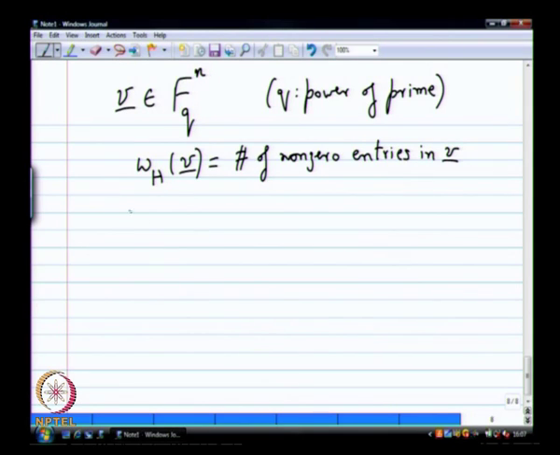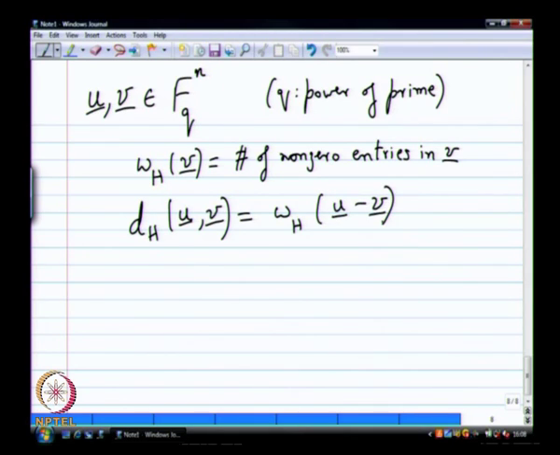If you have two vectors u and v in Fqn, the Hamming distance between u and v is defined as the Hamming weight of u minus v. I have to say minus here because I am thinking of a general field. In what case will minus be the same as plus? When q is even, right.